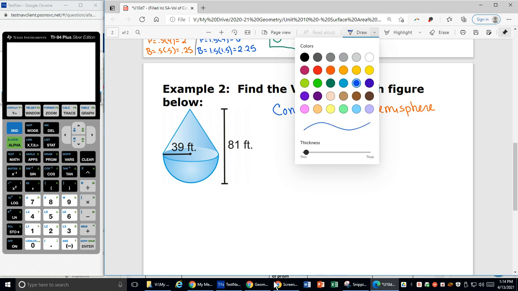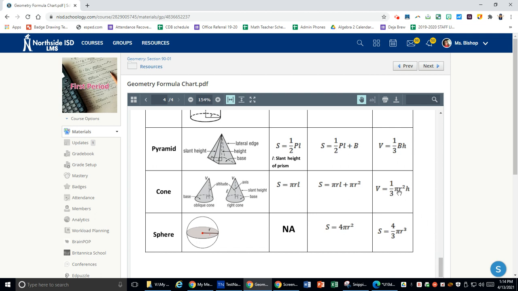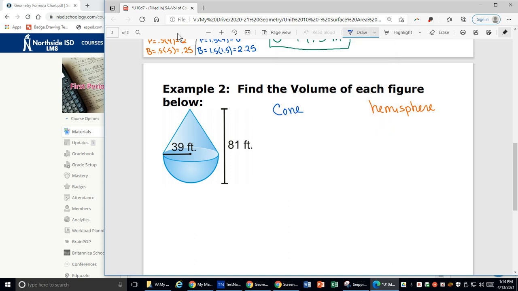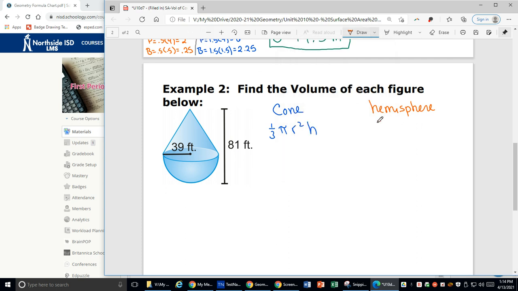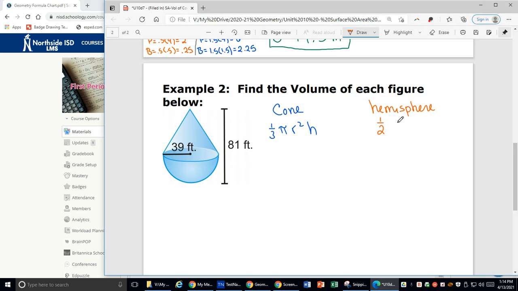So for my cone, if I go back and look at my formula chart, my volume is my last column, and my volume for a cone is 1/3 pi r squared h. And my hemisphere is going to be half of a sphere. So my sphere for volume is 4/3 pi r cubed.